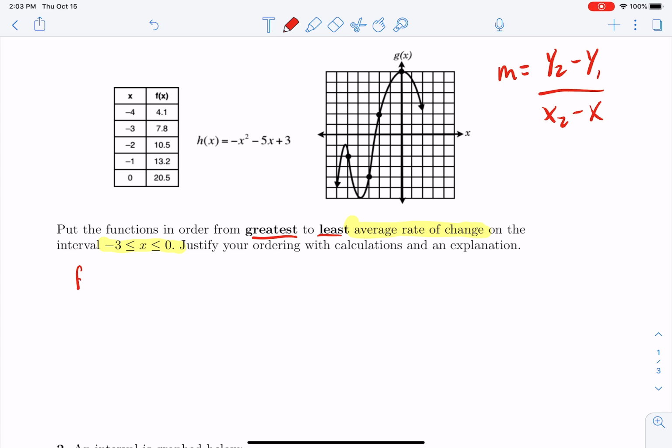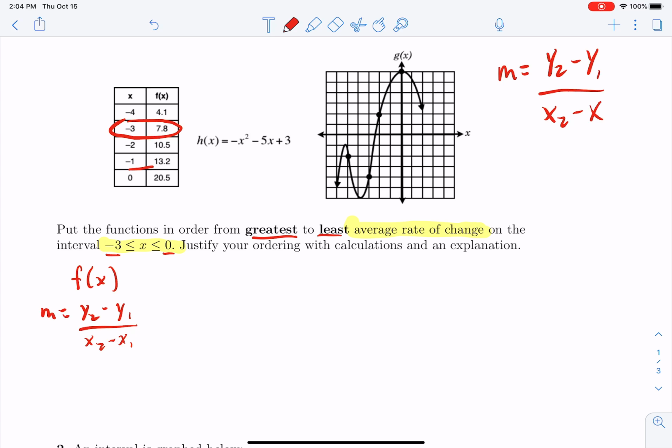So first let's start with f of x. We're using our average rate of change formula. If I turn to my table, I see that on the interval -3 to 0, those are x values. At -3, my y value, or f of x value, is 7.8.